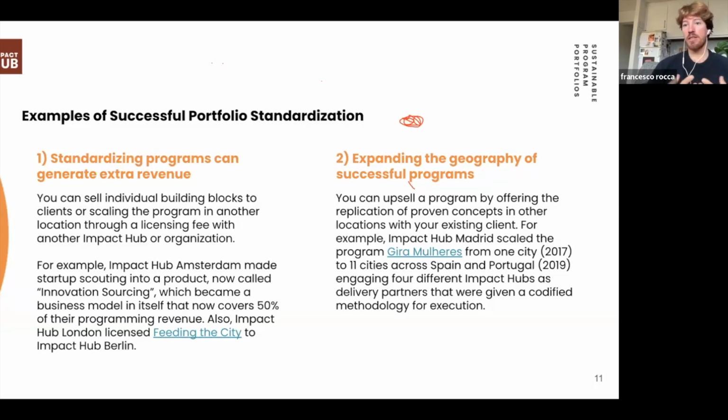Amsterdam is actually the reference in the network, and Global also collaborates a lot with them on scouting for global programs like IKEA, the Tommy Hilfiger one, or Cartier, because they became best in class in that specific activity. In this way, they could collaborate with and sell their service to even bigger programs where, for example, for Cartier the capacity building is done in partnership with INSEAD.